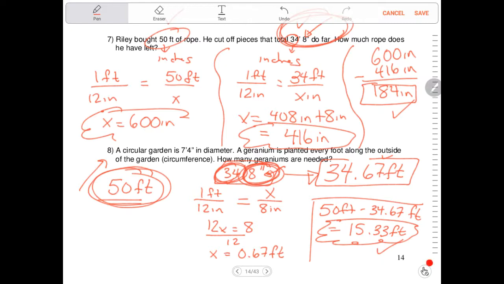The second time, I maintained everything in feet. I had the 50 feet. I had 34 feet. What I had to change was that 8 inches. Nonetheless, while everything was in the same unit, I can answer the question. So this is a part that you may want to really pay attention to and work really closely with your teacher. All right, let's move on to some practice.